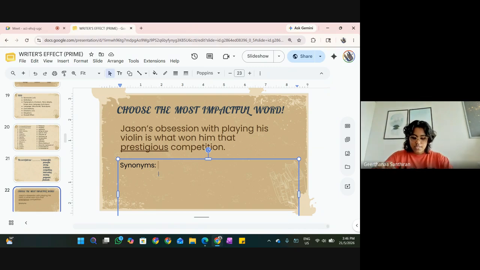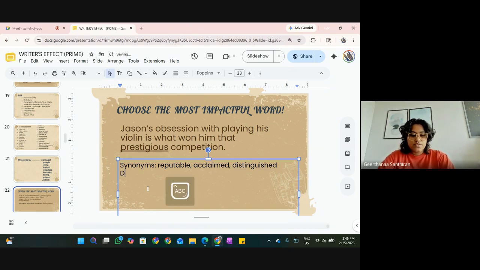If I'm Googling it, I get the words reputable, I'm just picking ones that I like, acclaimed, distinguished. Okay, let's go for definition.